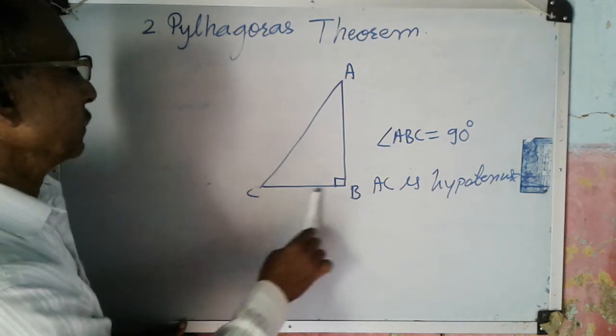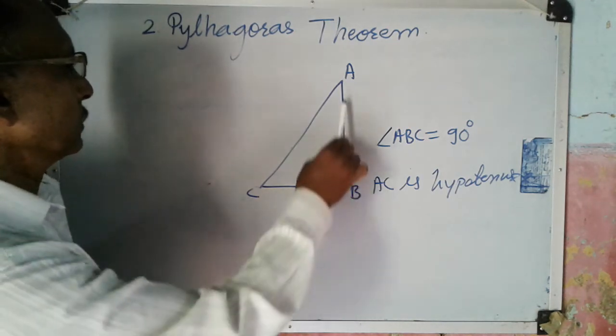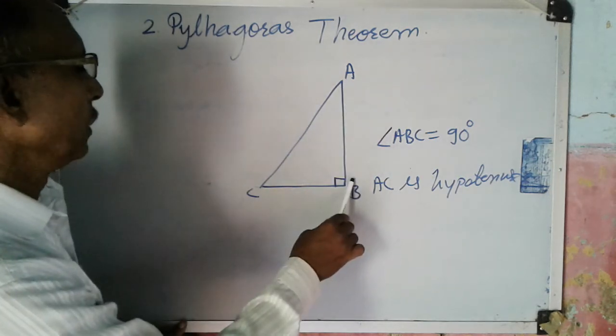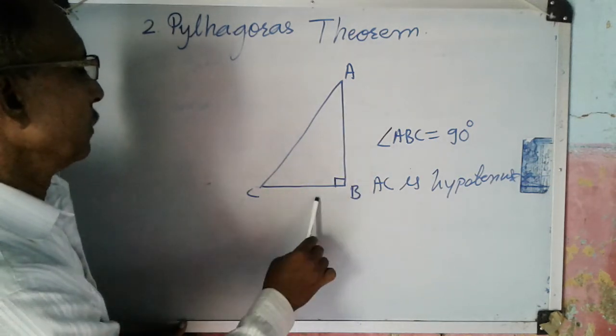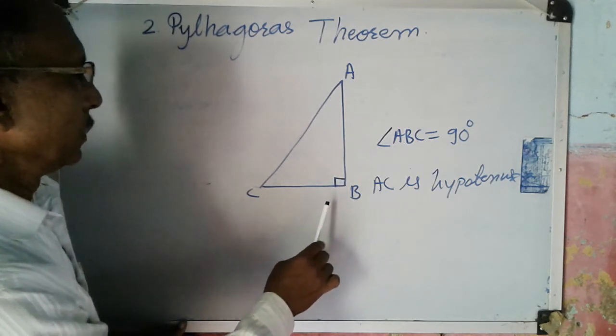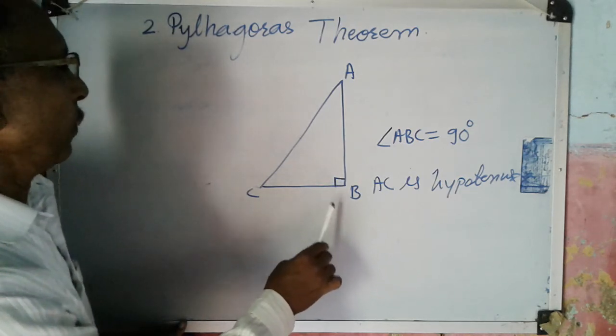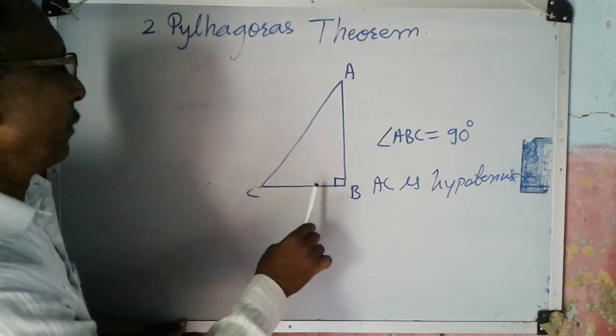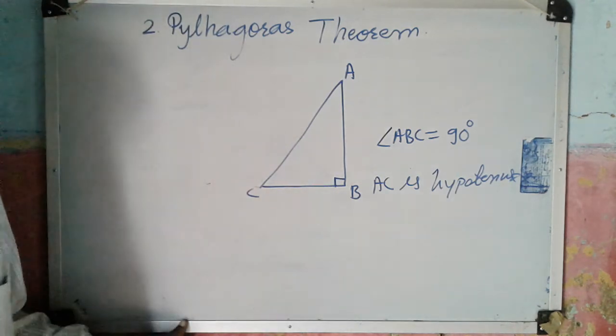One side is called base, another is called height, or these two sides are called the sides making right angle. So now we will study the Pythagoras theorem.